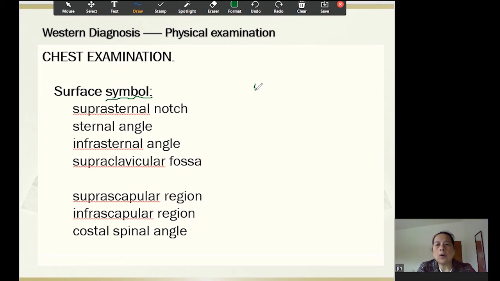Similar to our clinic, a patient coming for acupuncture treatment, maybe this time you treat, next time you may not be available. They will look for some other students to treat. So what you find, you need to record. And also later on, if the patient has other sickness or illness, they can compare.